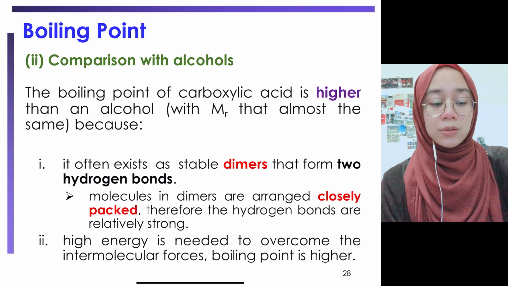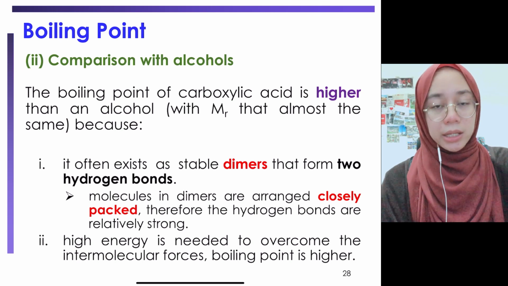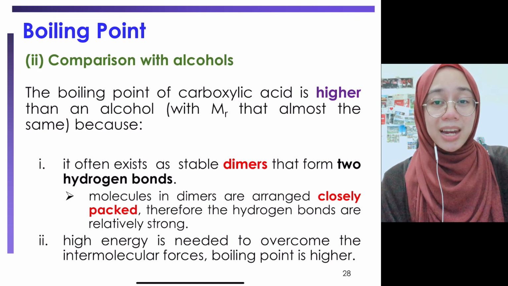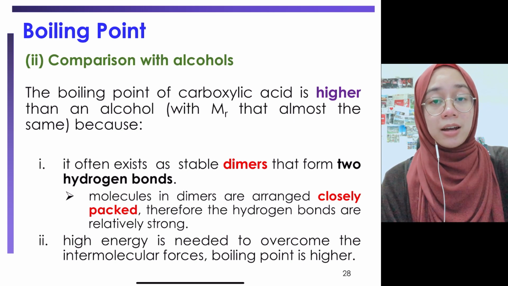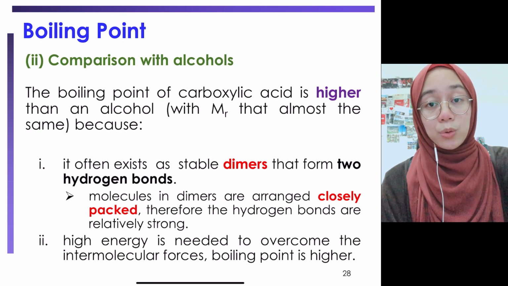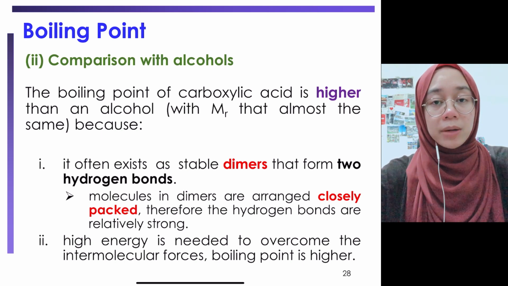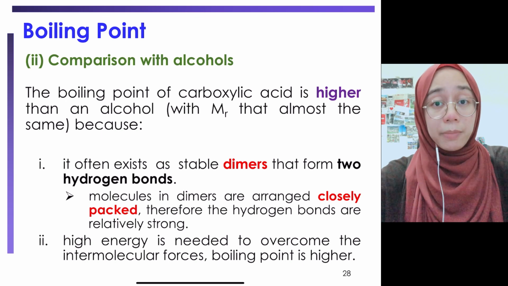Okay, so that is why despite both carboxylic acid and alcohol boleh form hydrogen bond, carboxylic acid has a higher boiling point due to it. Dia boleh form a stable hydrogen bond compared to alcohol.